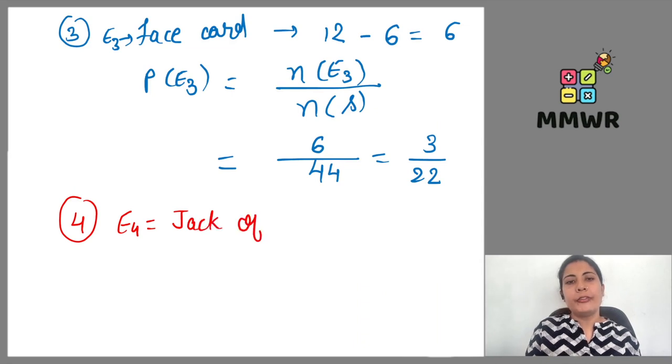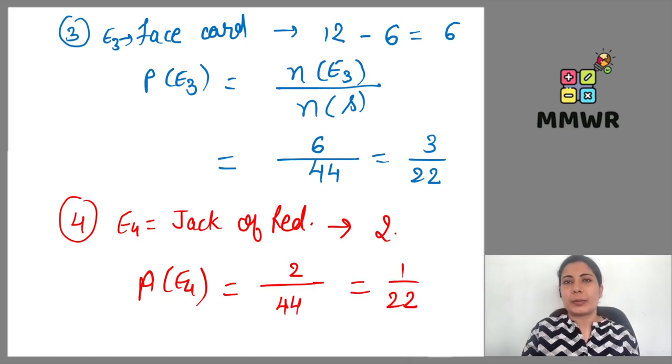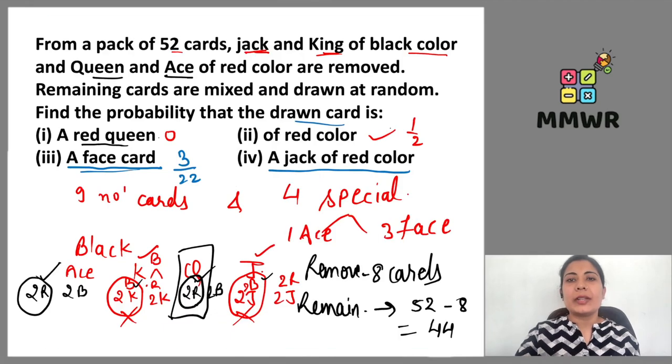How many jacks are there of red color? 2, out of how many cards? 44. I'm not writing the formula again and again, you have to mention it in each and every step. So 2 upon 44 gives us the final answer in simplest form, which is 1 upon 22. So for the last event, the probability will be 1 upon 22.